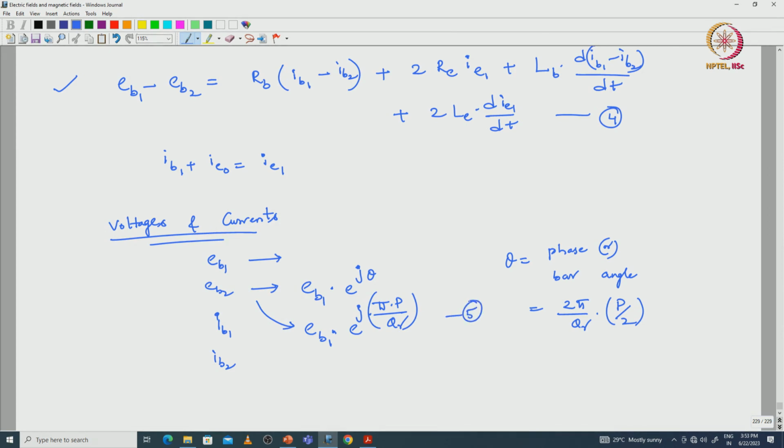In the same manner, IB2 is equal to IB1 into some phase shift in phasor form, e power j pi into p by qr. This is equation number 6.